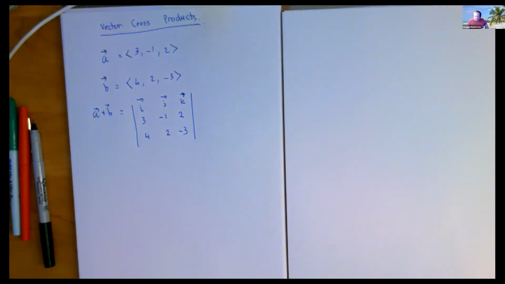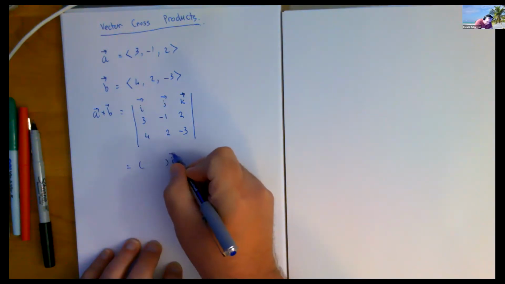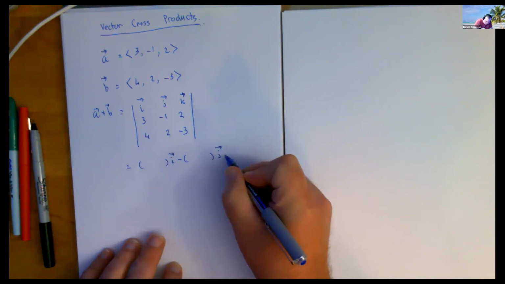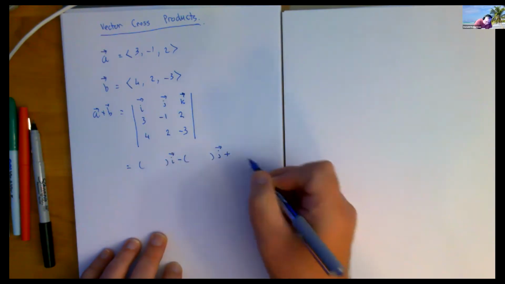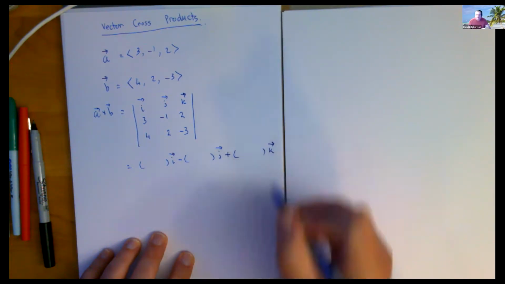It's pretty easy to set up. And then it's going to be so many i, take away so many j, that negative's important, and finally add so many k.